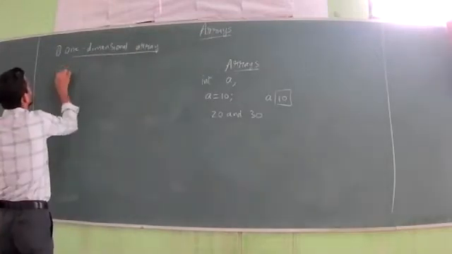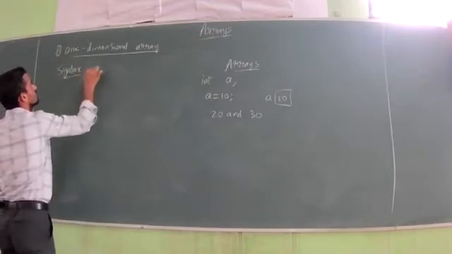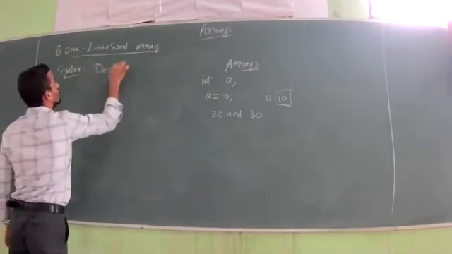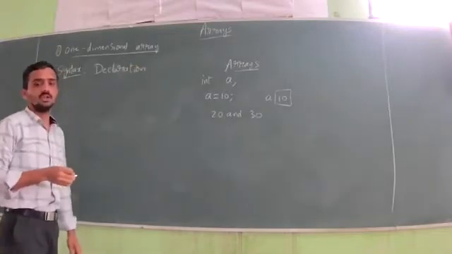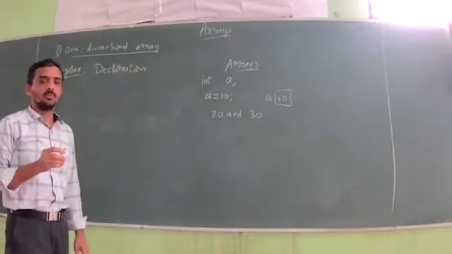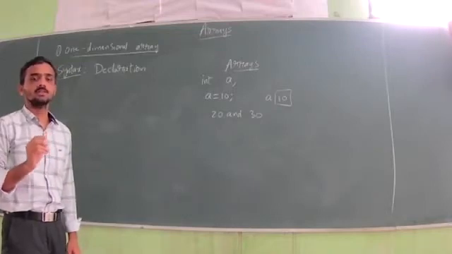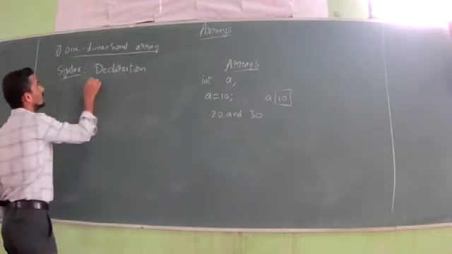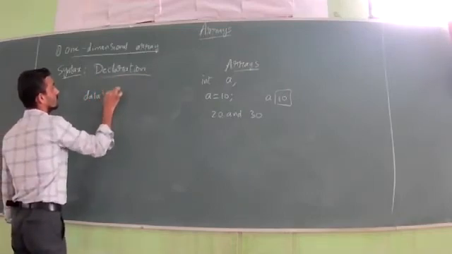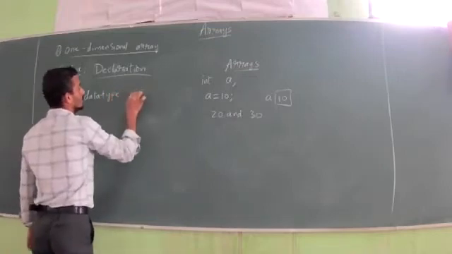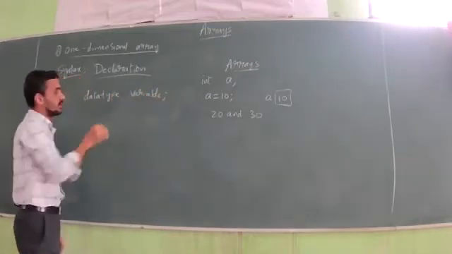So the syntax of one-dimensional array declaration. I hope you remember the declaration of a variable, not an array. The declaration of a variable is: data type, variable name.